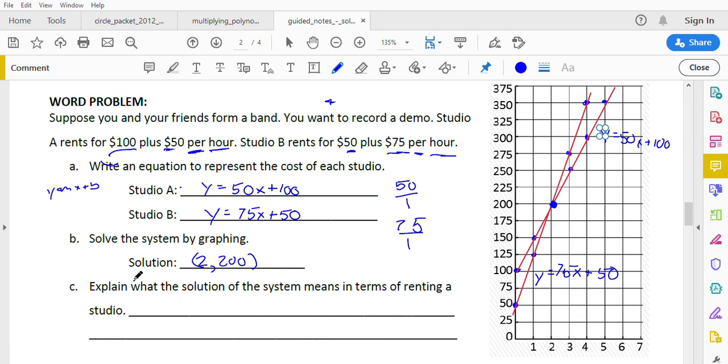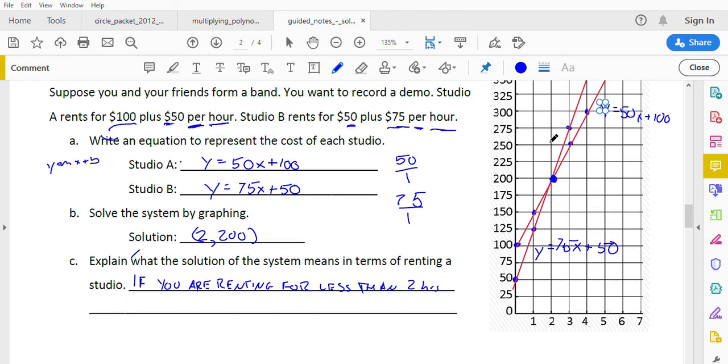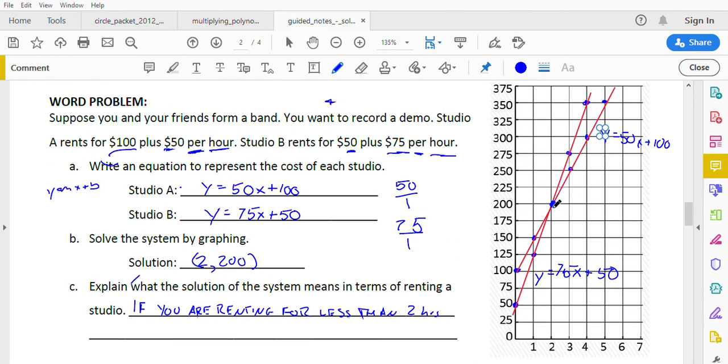So what it means is, if you are renting for less than 2 hours, you definitely want to choose Studio B, right? Because it is less. Once you go past 2 hours, that's when you want to go to Studio A, right?